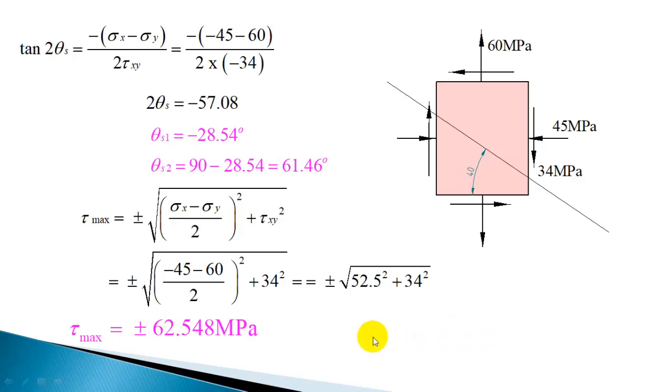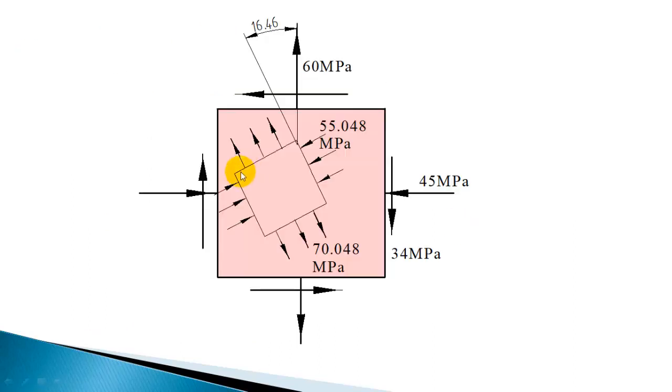Now you got the principal planes, principal stresses, planes of maximum shear stress and maximum shear stress. Now you can plot principal stress values on a properly oriented element. Now the principal plane you identified from the vertical, it is 16.46 degree. So you take a small element within the material, with one of its sides inclined at 16.46 degree.